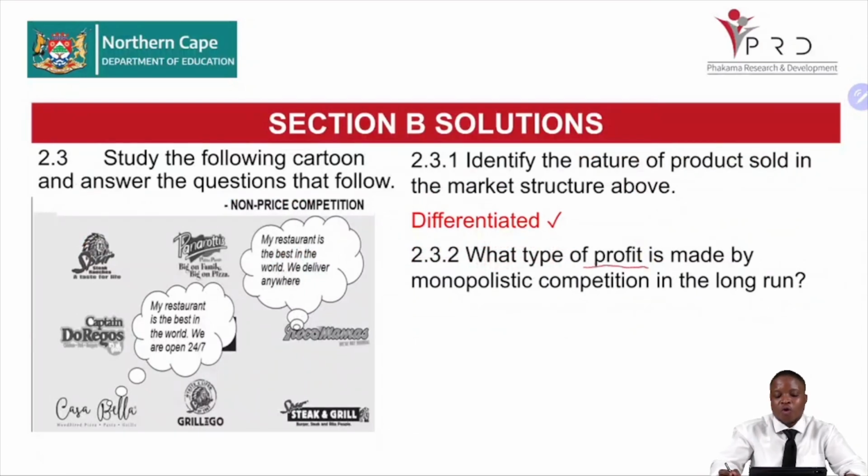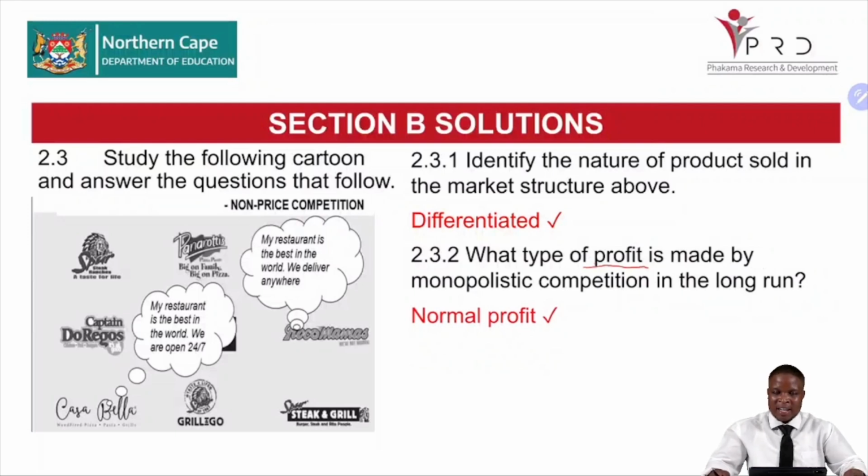What type of profit is made by the monopolistic competition in the long run? So just like a perfect market, a monopolistic competitor makes a normal profit in the long run. Why are they not making economic profit or economic loss in the long run?